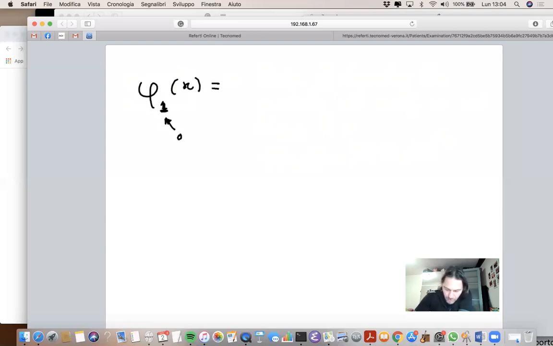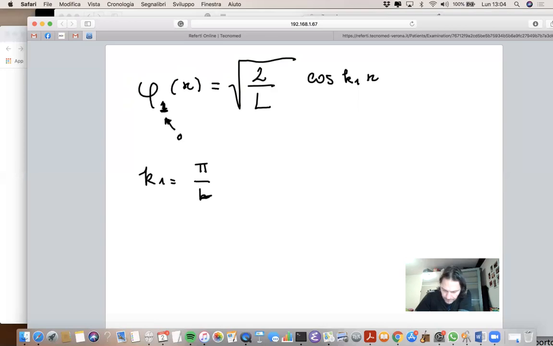But what it is, we know that the wave function for the ground state of the system was written in the following way, where k1 was pi over L and the energy was h bar squared k1 squared over 2m, right?